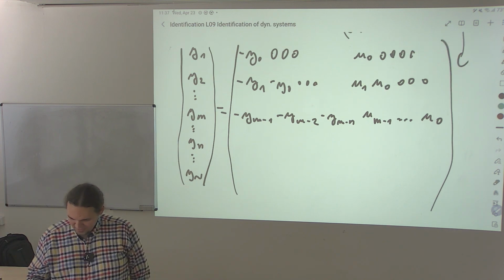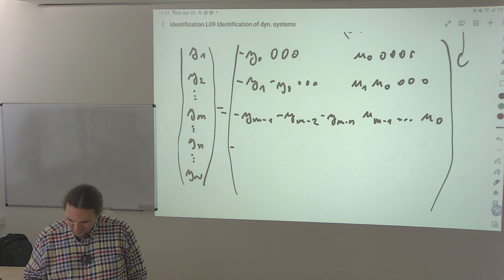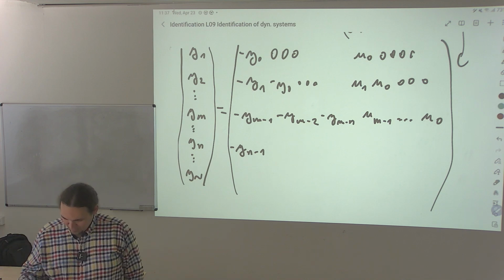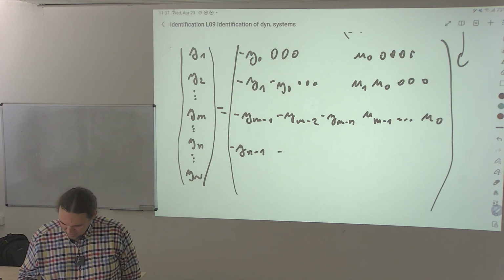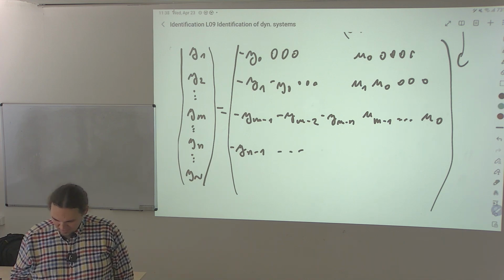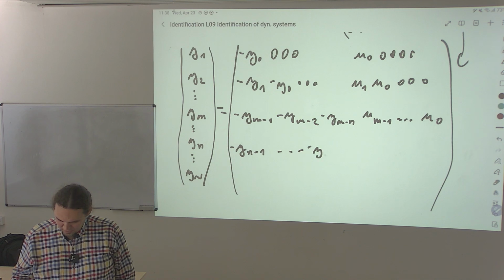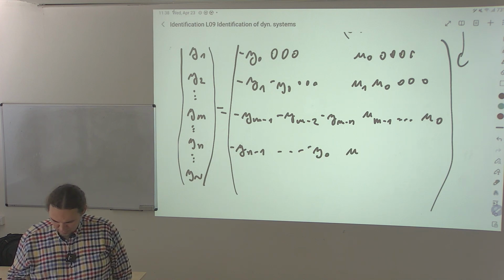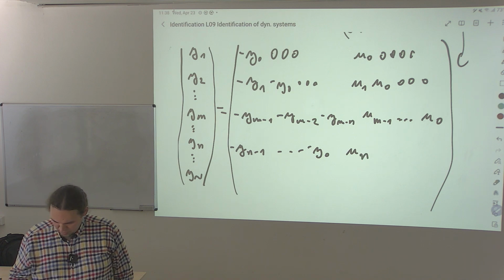Okay, the next row. This one is already easy, right? N minus 1, n minus 2 until minus y naught. And in terms of u, we are just repeating, right?